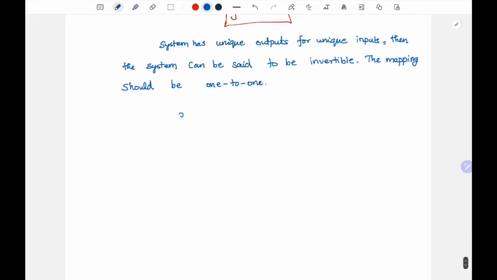For example, take y of t equals x square of t. For x of 0, let's say the value x takes is -2, and for x of 1, the value x takes is 2. But in both these cases, the value y takes is 4, right?